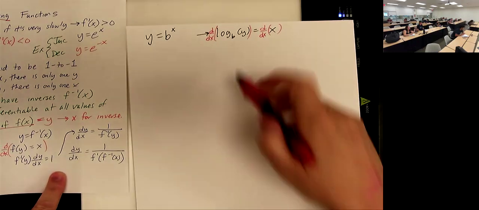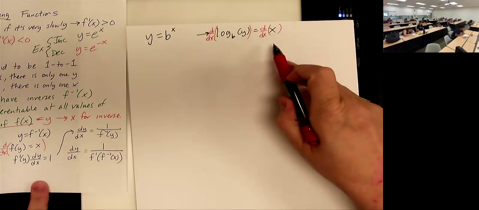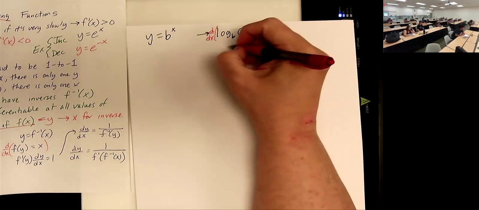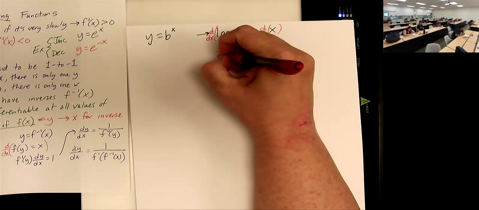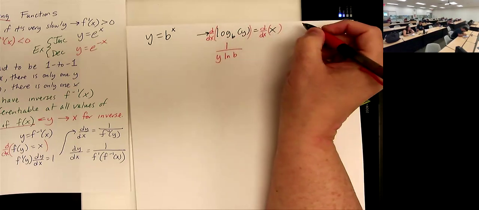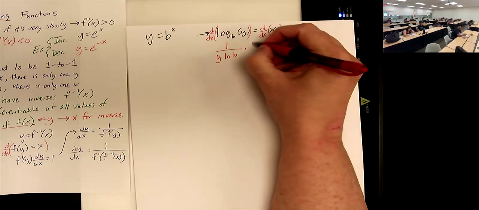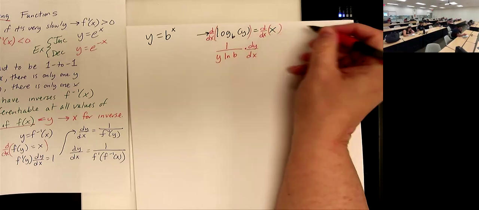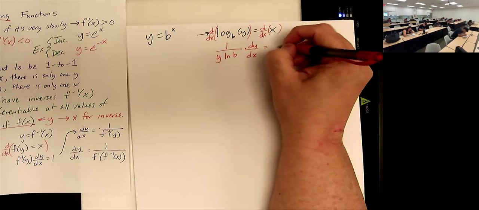So we swap to the inverse function, we take the derivative. The derivative of this is 1 over y times the natural log of b times dy dx. And this is 1.